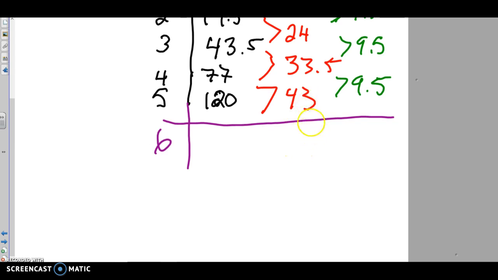Whatever number I get here has to be a difference of 9.5 because that's constant. So I'm going to add 9.5 to 43, and I get 52.5.